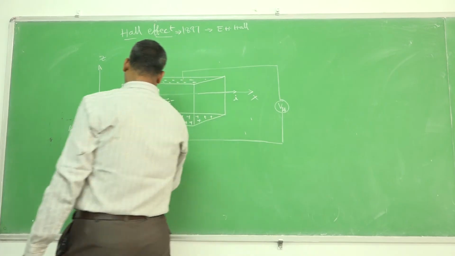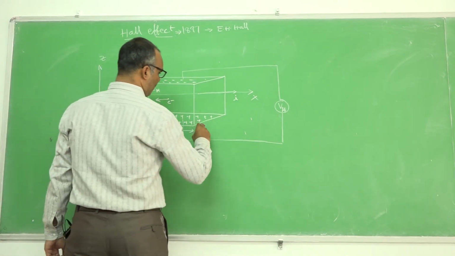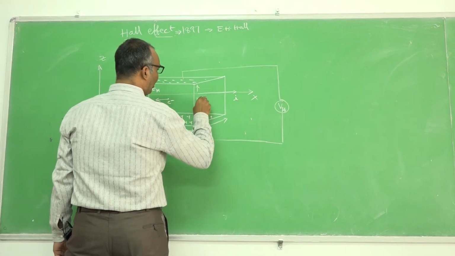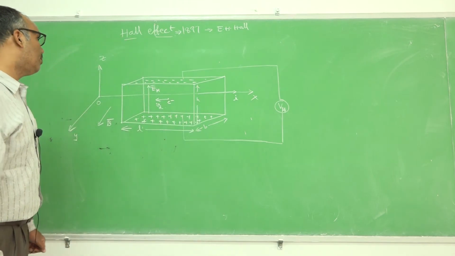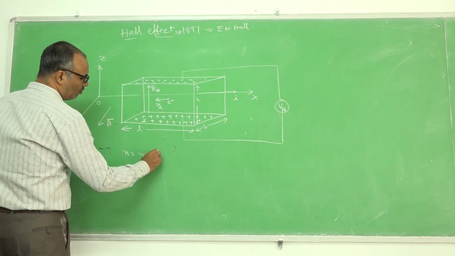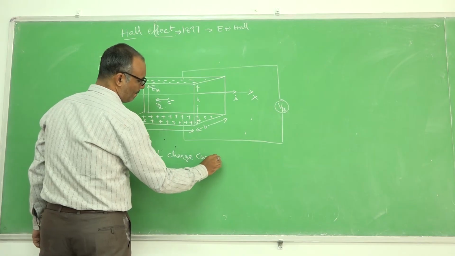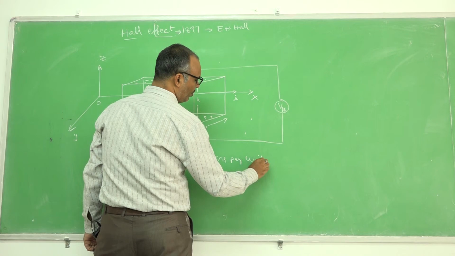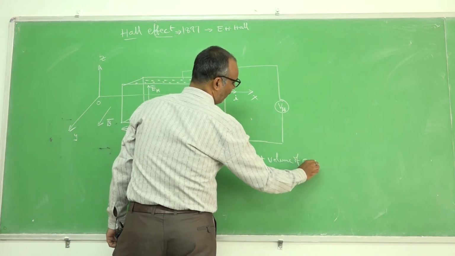Let L be the length of the conductor, B be the breadth, and H be the height of the conductor. These are the dimensions I considered. Let small n be the number of charge carriers per unit volume of the conductor.